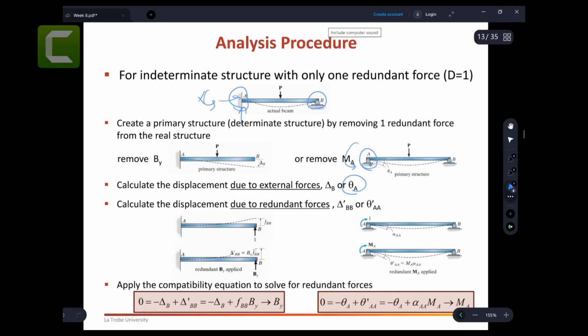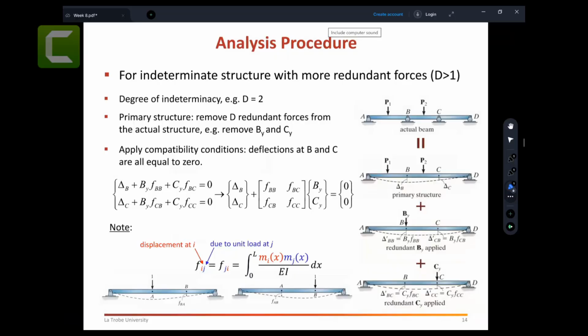Then you have rotations, because here there is no rotation when it's fixed. But when you remove that fixed support and make it a pin, then it rotates. So this rotation you need to find, and then you put the moment back, and you have one moment, and then you find this rotation, and you can find MA. Same concept as I explained here, but it's the concept of moment and rotation, here force and displacements.